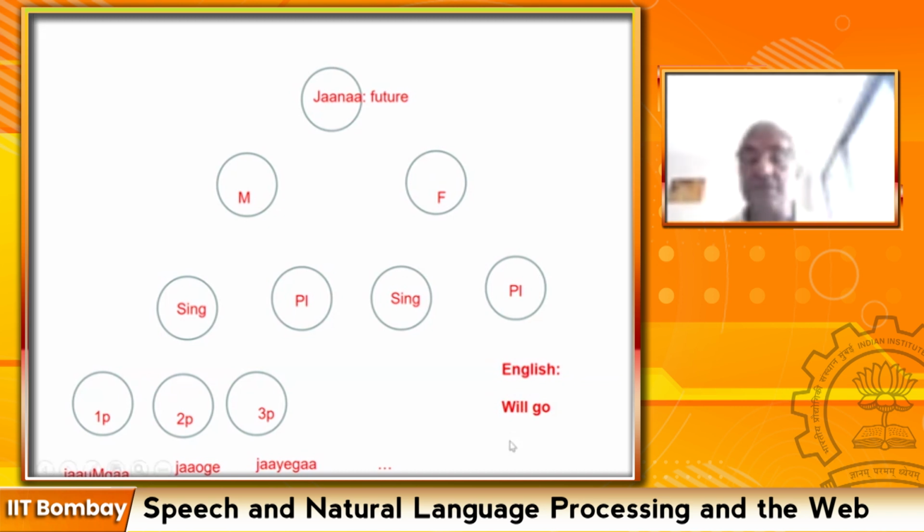That's why it is called auxiliary or helping verb. On the other hand, the gender, number, person for Hindi is indicated by a suffix sitting on the verb. So this phenomenon is called inflection. Inflection and isolating, I'll put it on the slide. Inflection morphology and isolating morphology.